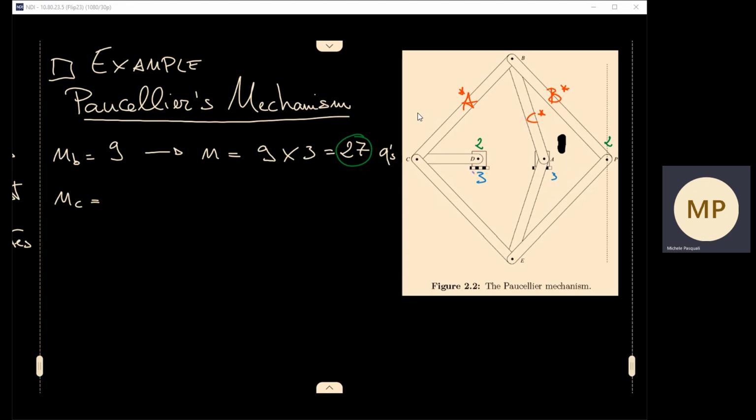Okay, so let me write that B belonging to B star must be equal at all times to B belonging to C star. That must be equal at all times to B belonging to A star.